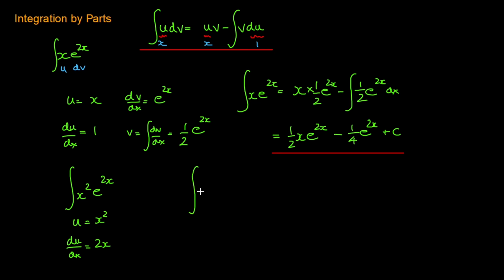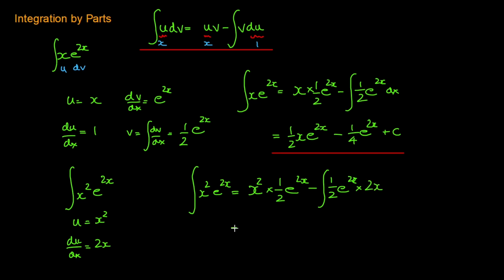The integration of x squared e to the 2x would be equal to, obeying the formula, u times v, u is x squared, times v, well, v would be here because it's the same term, so this is multiplied by a half e to the 2x, minus the integration of v du, v again a half e to the 2x, multiplied by du, 2x.